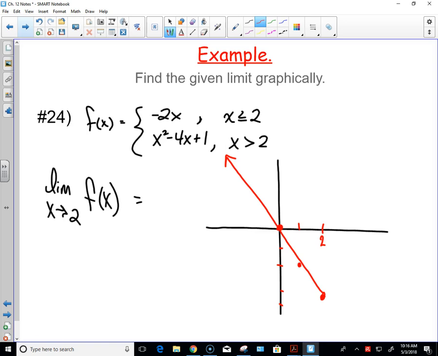But how about the other piece? Could I plug in 3? 9 minus 12 would be -3. -3 plus 1 is -2. Is that right? Yes.